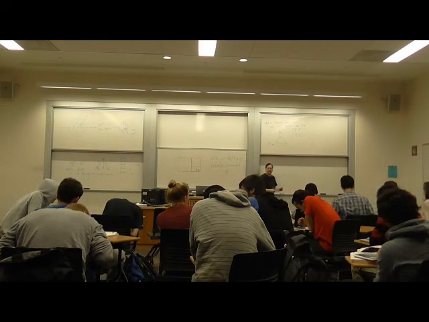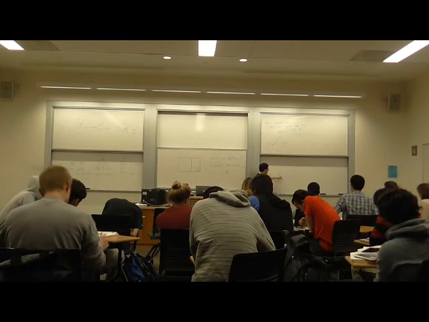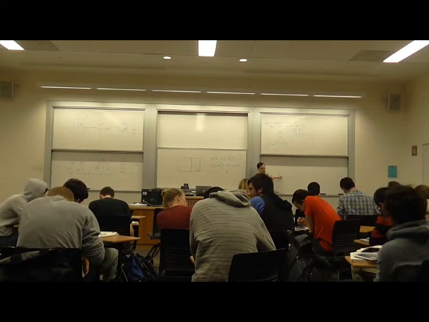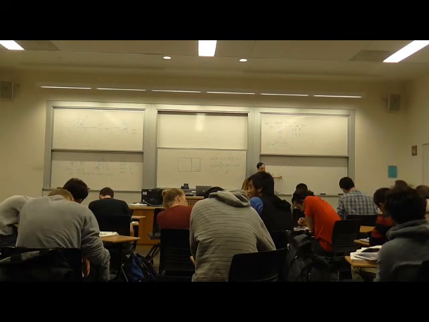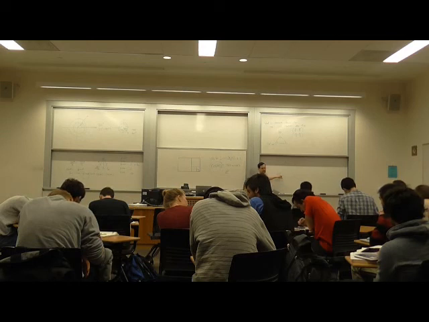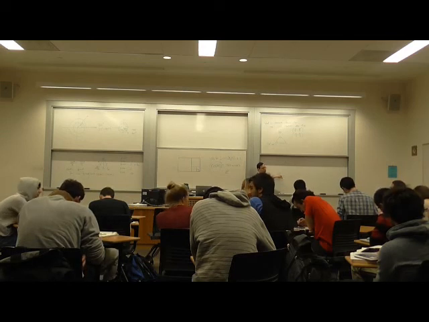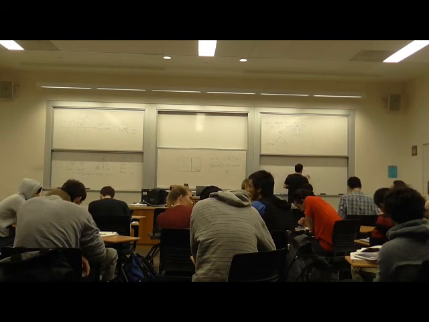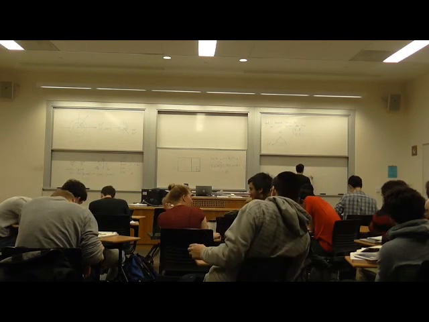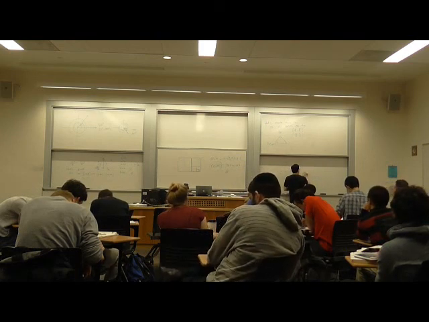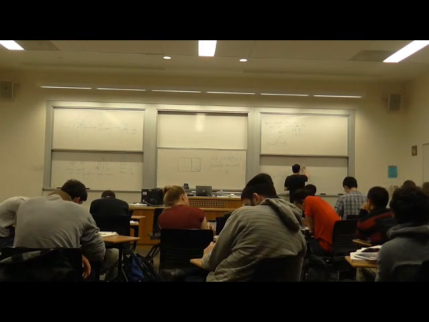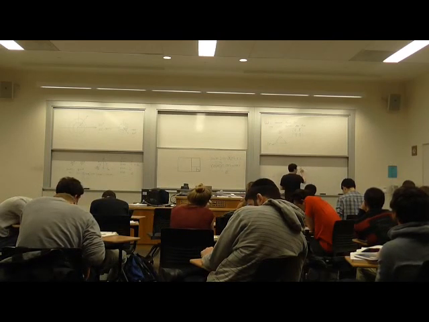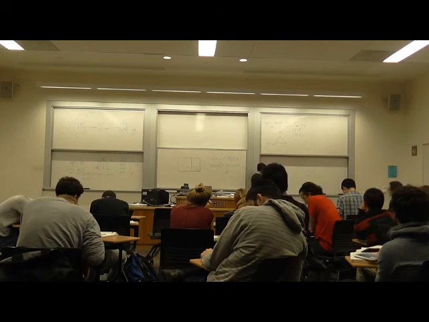Oh, by the way, if it's side-side-angle, and this angle is obtuse, what are the possibilities? 0 or 1. Just visualize that. This is obtuse. You have this side, well, this might not be long enough, right? But if it is long enough, there's no other way to make a triangle out of this.